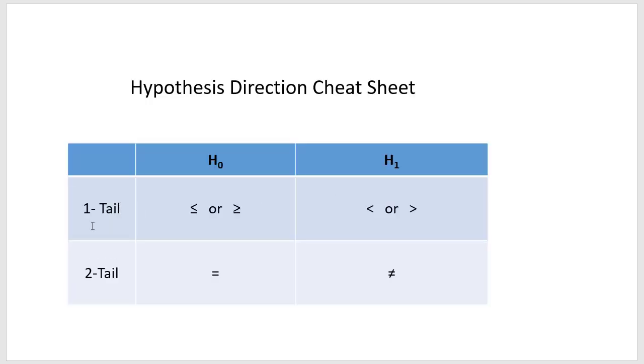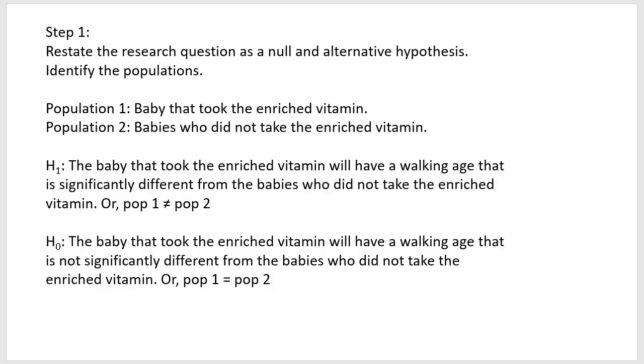So a two-tailed test is going to use the equal sign between the population and sample for the null hypothesis, and the not equal to sign between the sample and the population for the alternative hypothesis. The alternative hypothesis is that the baby that took the enriched vitamin will have a walking age that is significantly different from the babies who did not take the enriched vitamin, or population 1 will not be like population 2.